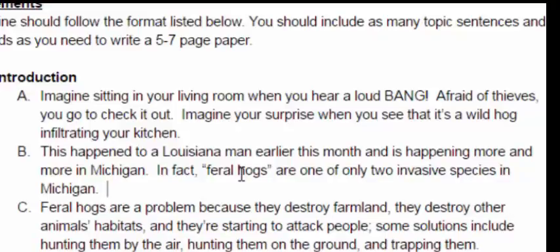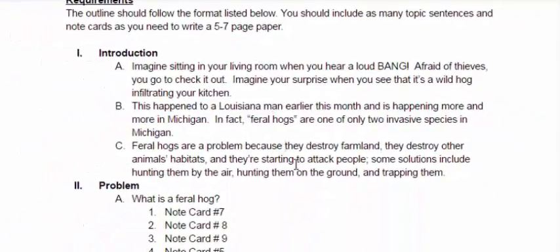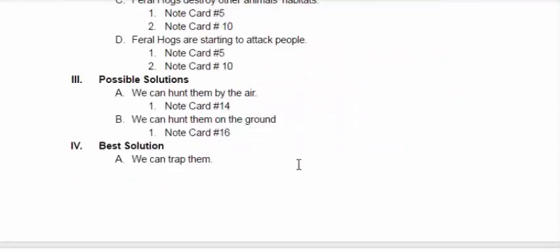Most people didn't know that, and it's a good connection between "imagine getting your house broken into by a pig" and "here's the problem." Now, this should sound like a paragraph. If it doesn't, you've got time to fix it, but it should.